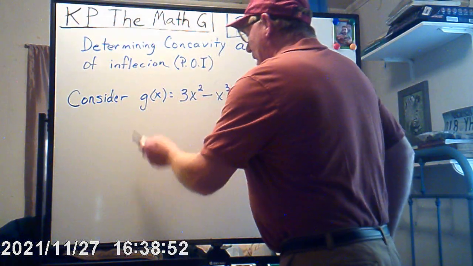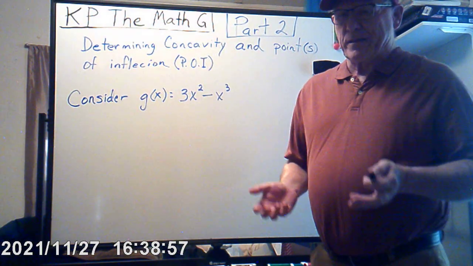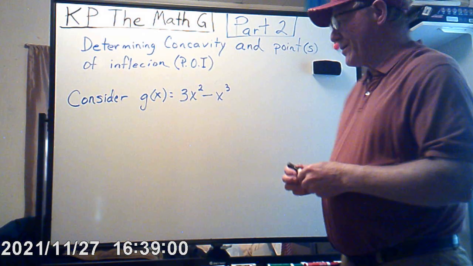From g prime, we could tell exactly where g is increasing or decreasing. It confirms what the graph does.